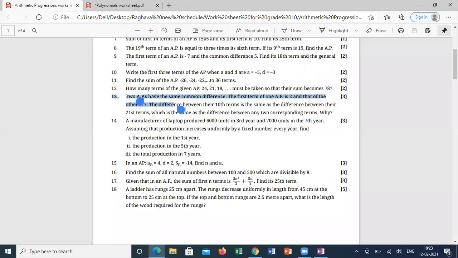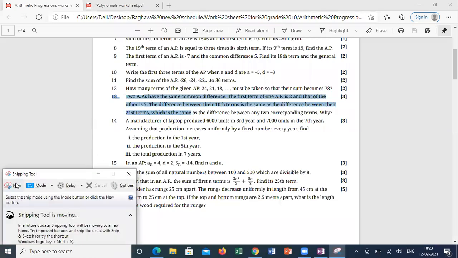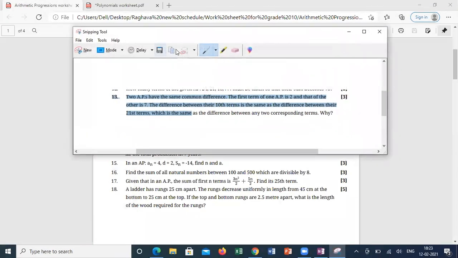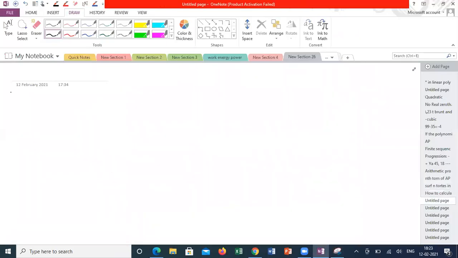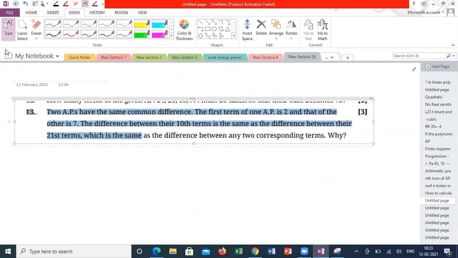Two APs having common difference. Read the question. Who is having the doubt?